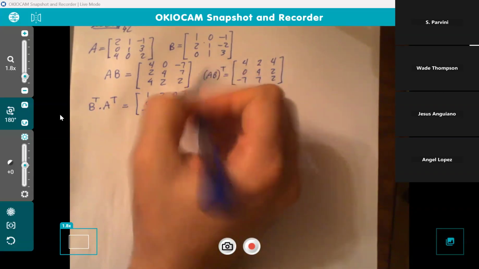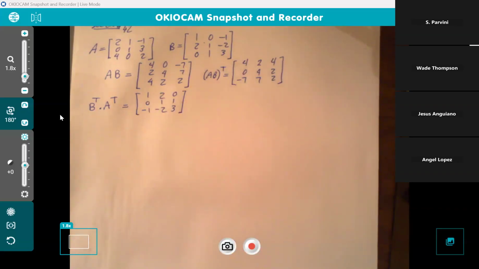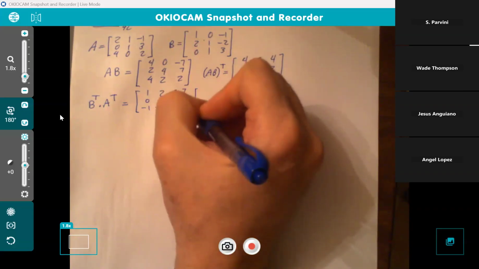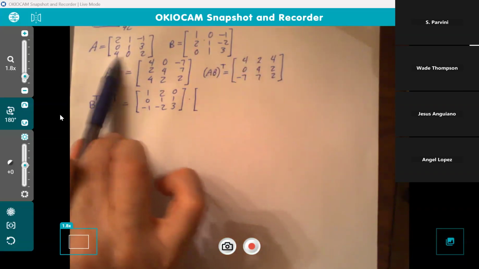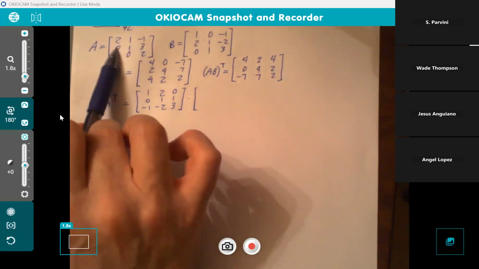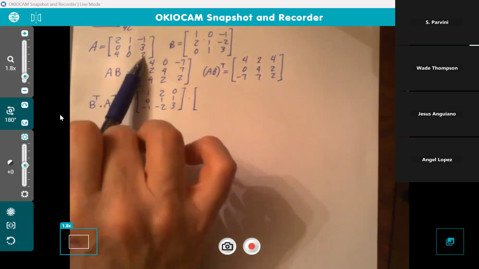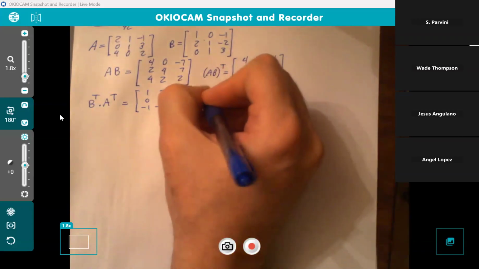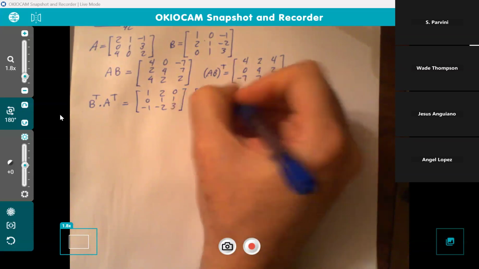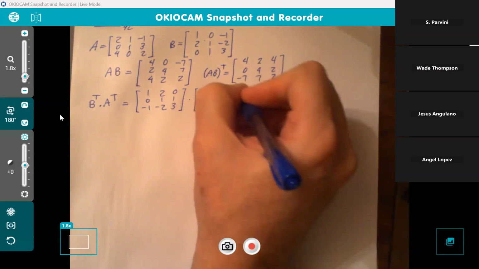Right? Rows become columns. Rotate them. This is B transpose times what is A transpose. A is the first one. Again, first row becomes first column, second column, third column. So this is going to be 2, 1, negative 1, 0, 1, 3, and 4, 0, 2.